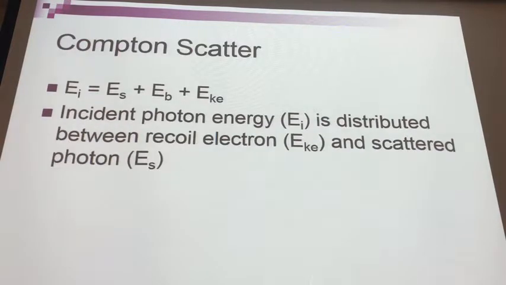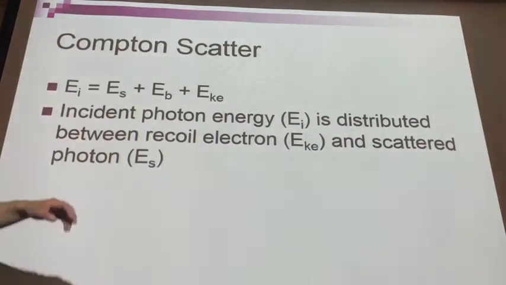Okay. So, if we want to take a look at it, what is going on here? If you want to look at it mathematically, you know how much energy the incident photon has, or how much energy the secondary photon has, then this is the formula that we use.